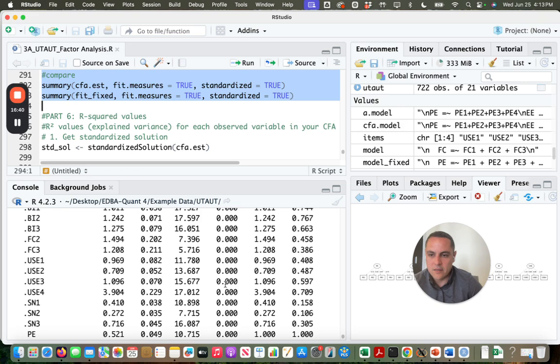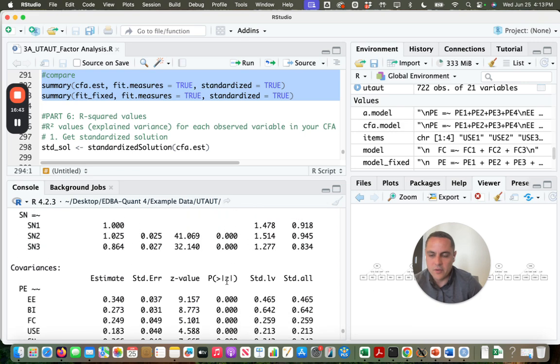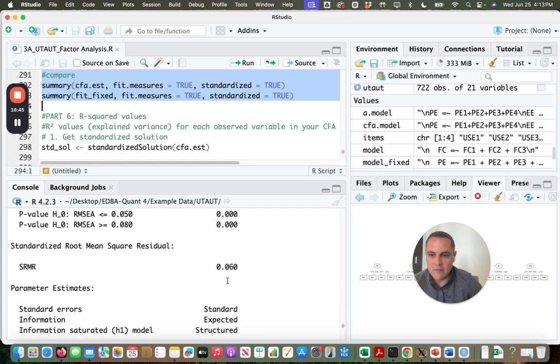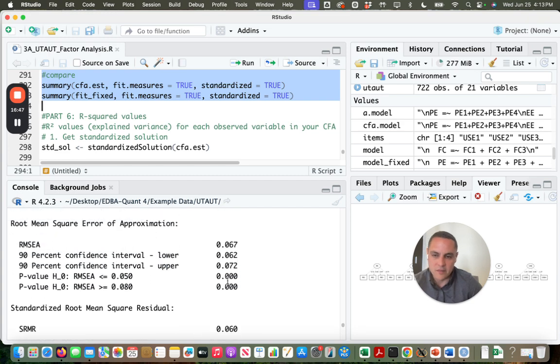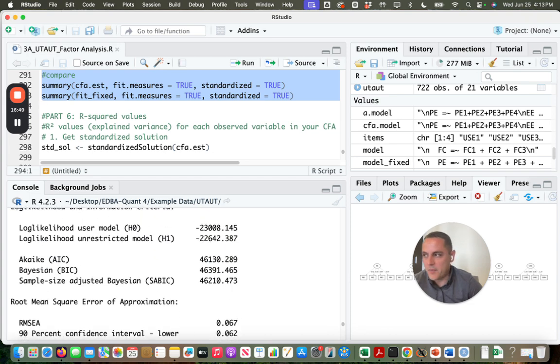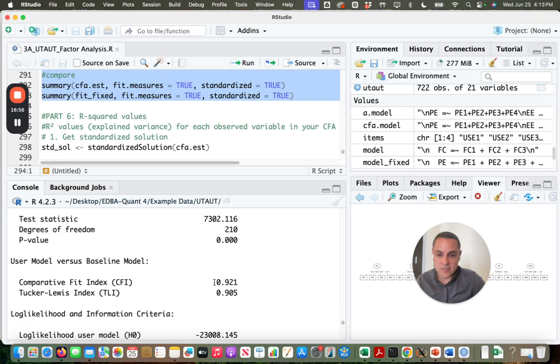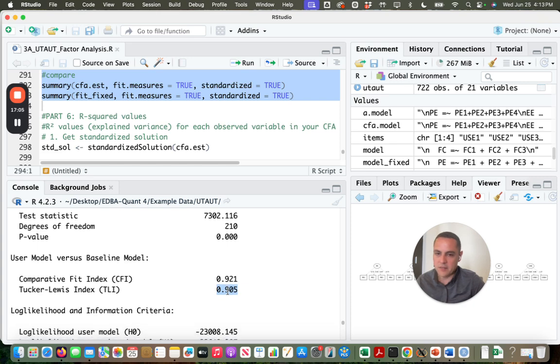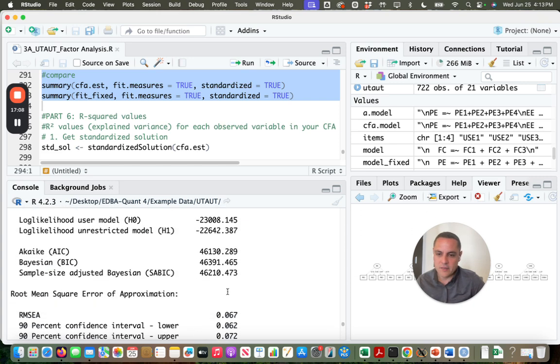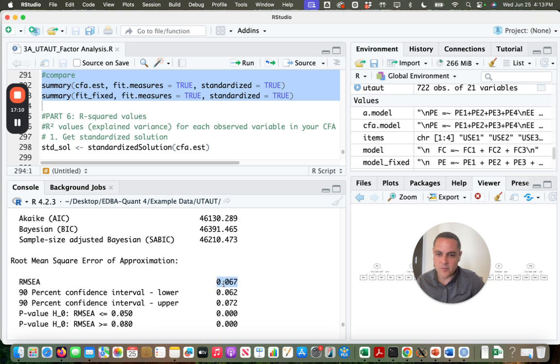We'll look at the summary there, and you can see I have the fixed output and then the previous output. If we look at the CFI, much better, right? TLI, much better. Same thing with RMSEA. It's now closer to an ideal cutoff at 0.067, and a lower value is better.